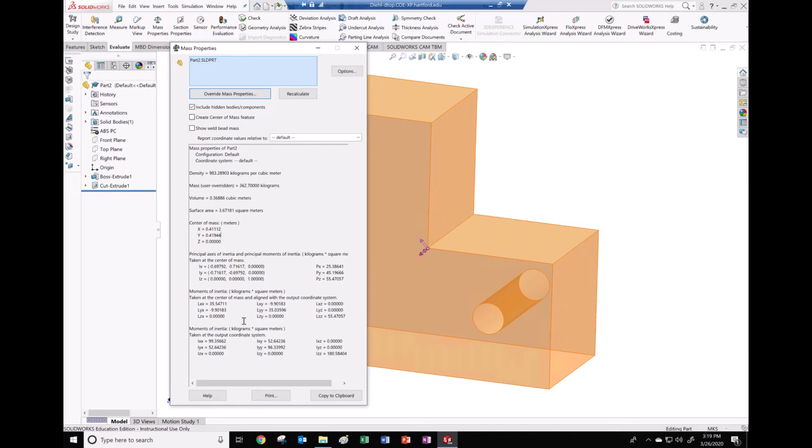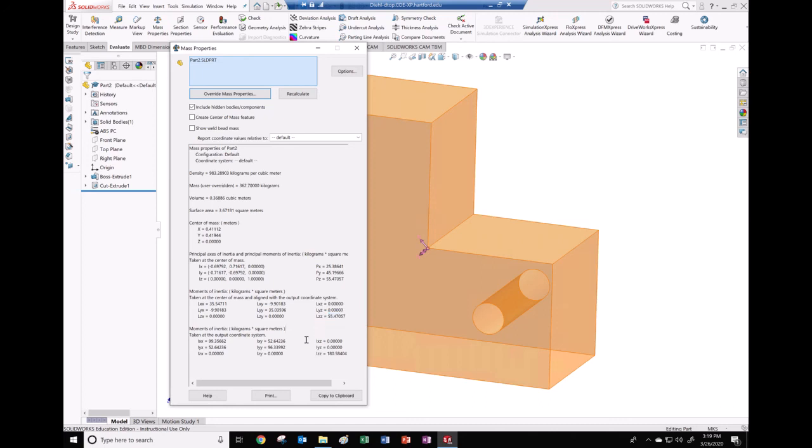But if I take a look at the moment of inertia, you could see that this one right here was about the center of mass, taken at the center of mass and aligned with the output coordinate system, that would be Z. I have 55.47 in my model here. I had 55.51, sorry, not my model, but in my calculations.